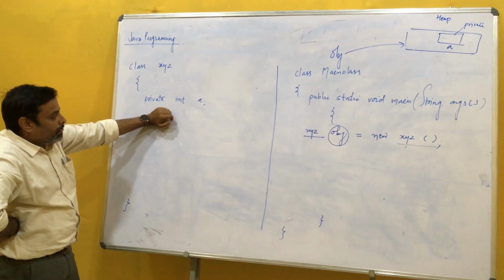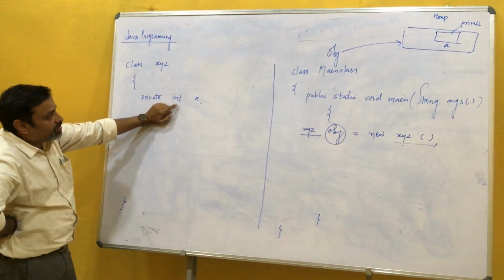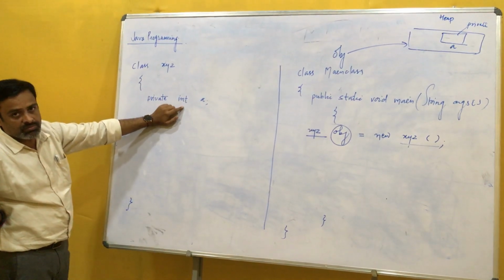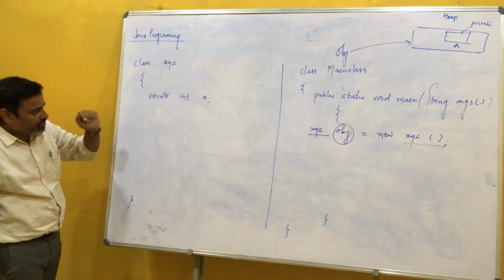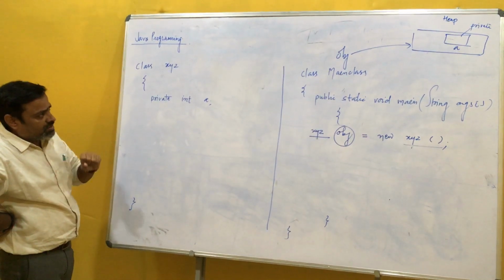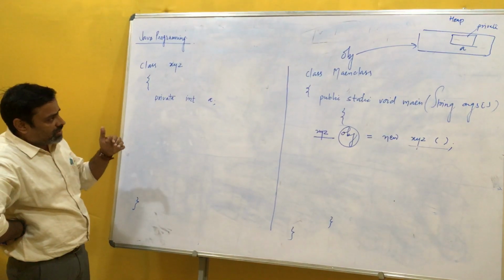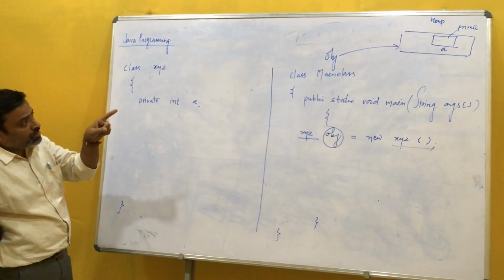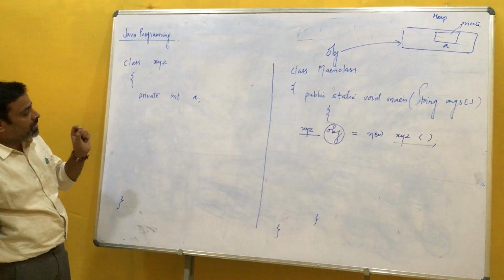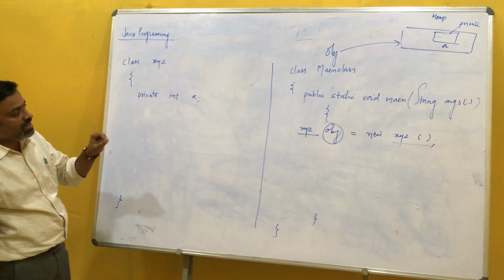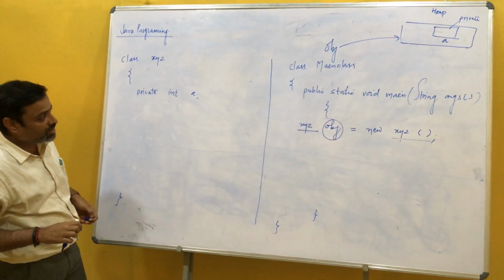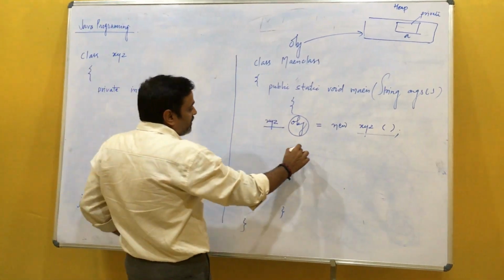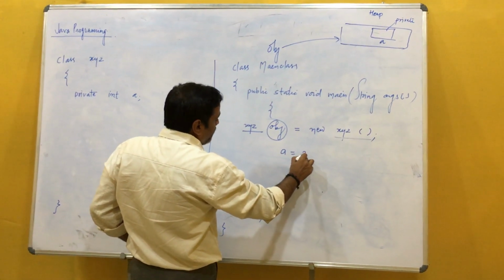Now this is okay, but the problem here is this data member got created in the private section of the class. We have created the data member, and some memory got allocated. Now how to use that memory? Suppose I want to insert a value 20 inside A. Can I simply write A is equal to 20?